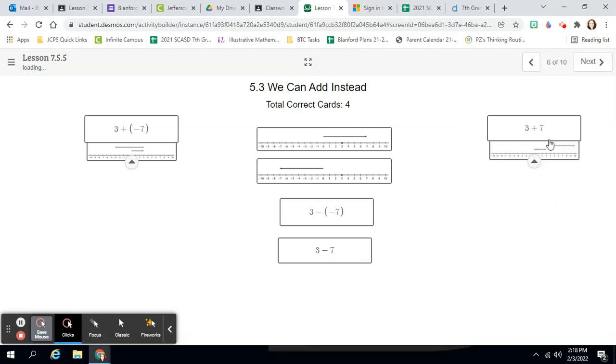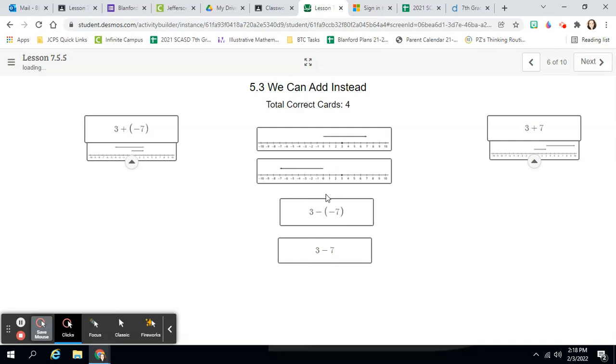Now, let's take a look at these. It's hard to model subtracting on a number line, right? The way that they're showing this is one arrow is going towards the negatives, one arrow is going towards the positives, and they have a dot on the 3, which is the starting point for both.